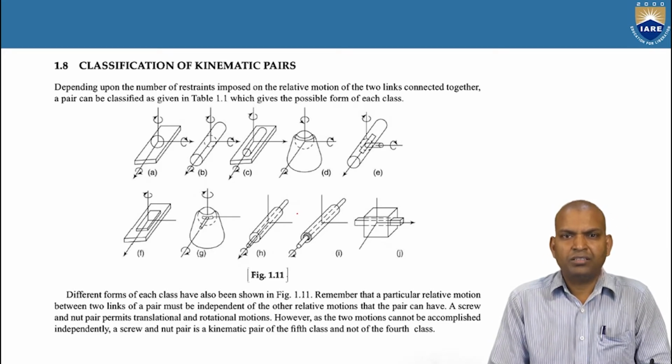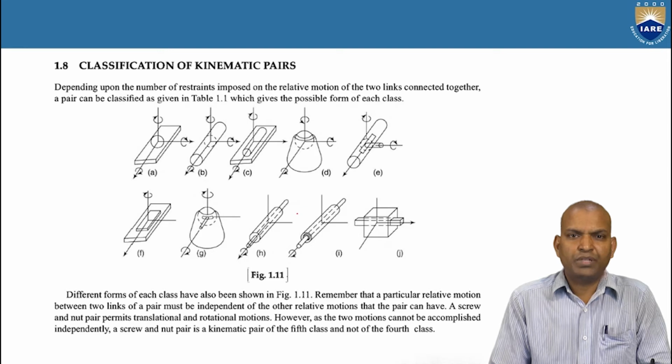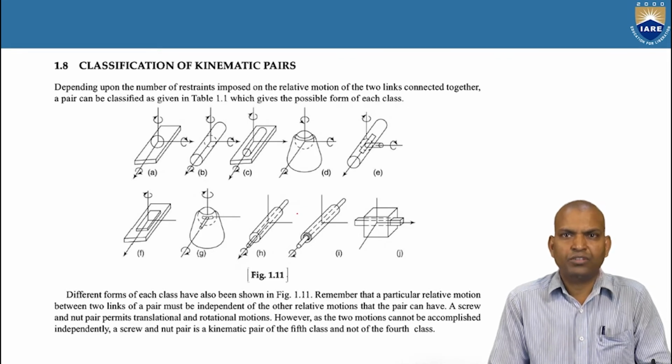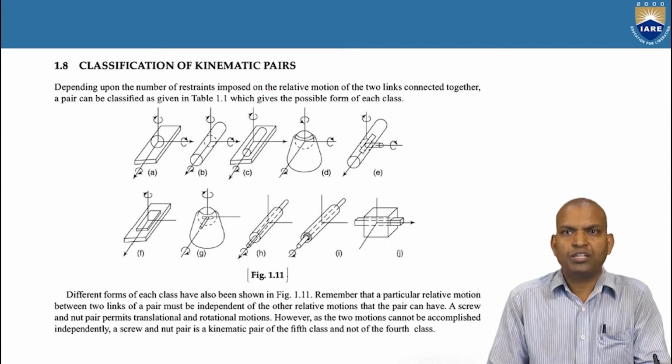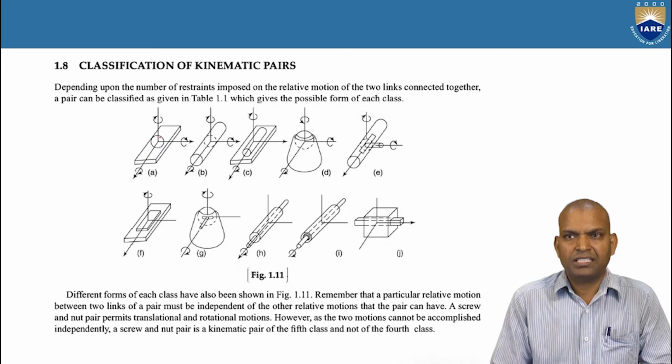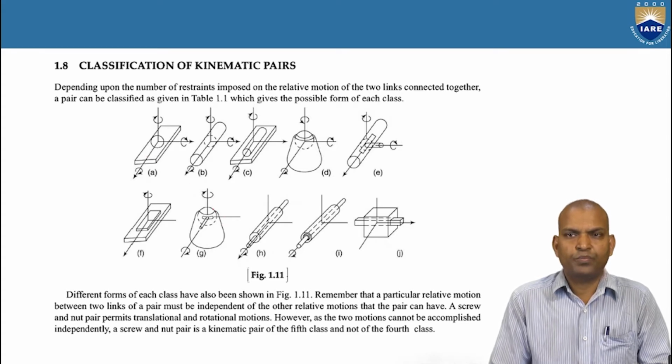Another is open pairs and closed pairs. Another is sliding motion between the two pairs. Now we study, depending upon the number of restraints imposed on the relative motion of the two links connected together, how a pair can be classified as given in table 1.11.